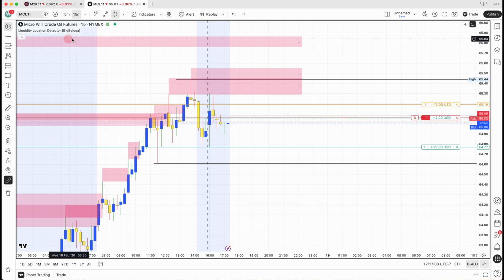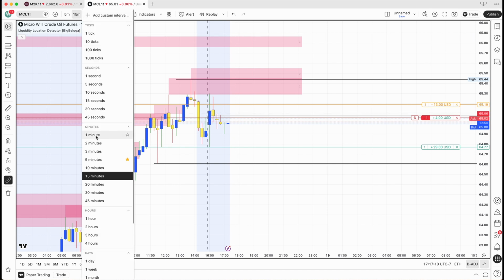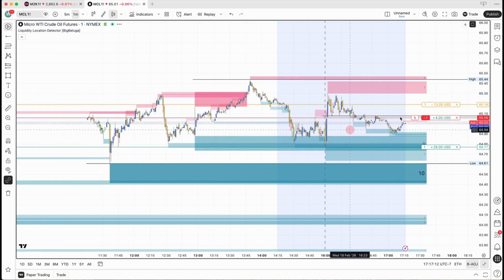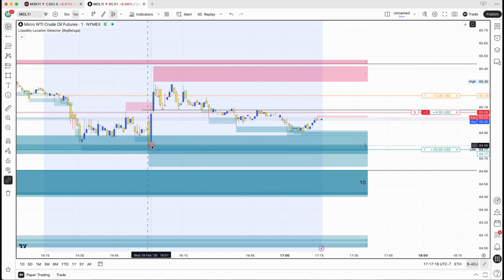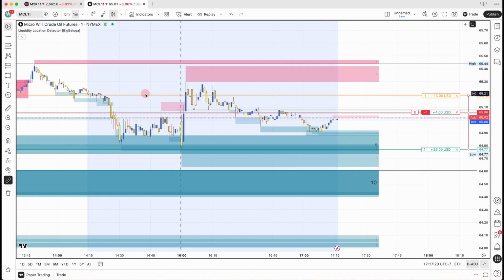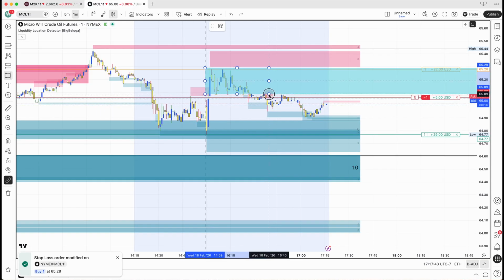But for demonstration purposes, I saw that. Let's go back to the 1 minute chart. For demonstration purposes, I saw that after price went up to a significant resistance point, it started trading in a channel, and I'll mark that off for you. And when price broke below that channel, I took the trade.